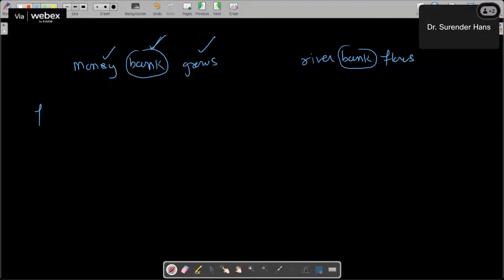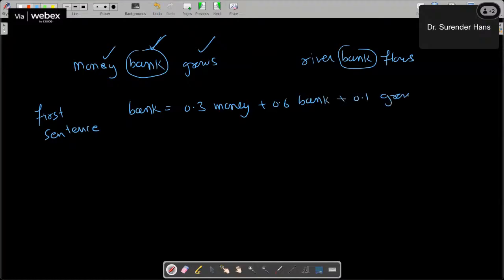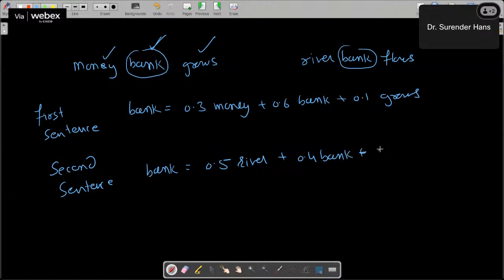So for the first sentence, bank is 0.3 of money plus 0.6 of bank plus 0.1 of grows. For the second sentence, bank is 0.5 of river plus 0.4 of bank plus 0.1 of flows. So it depends on the context.